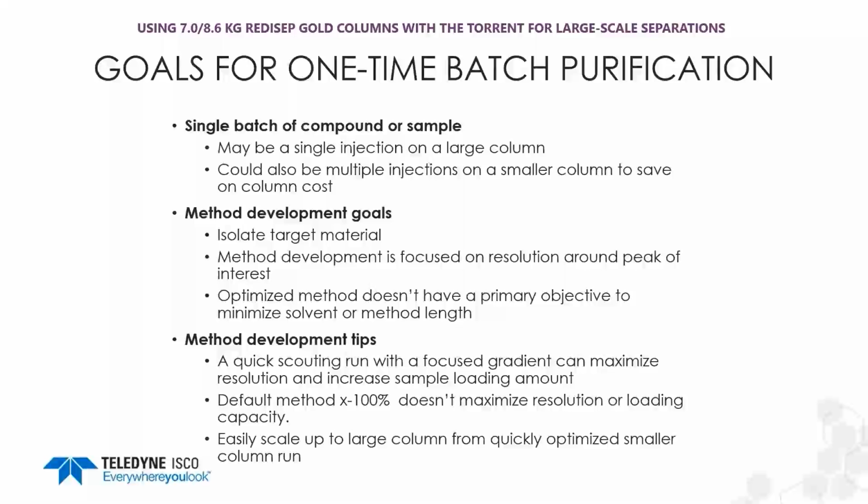You could run from 0 to 100%, or 5 or 10% to 100%. Even though this doesn't maximize the resolution, if you have a long enough gradient profile, you should still get decent results for your separation, even though you'll be using more solvent than necessary on your single run. You can then easily scale up to the large column quickly from the optimized smaller column run.